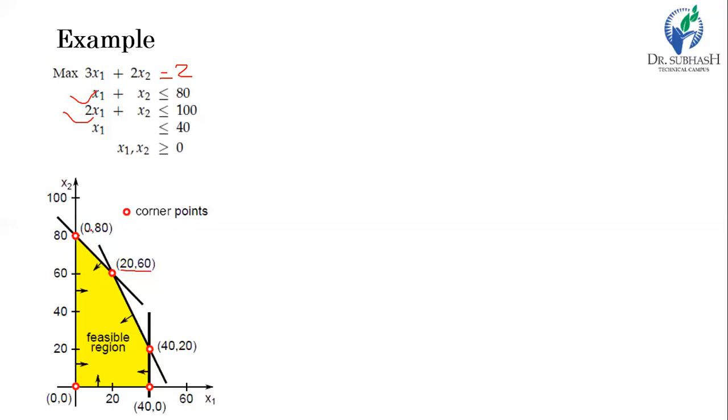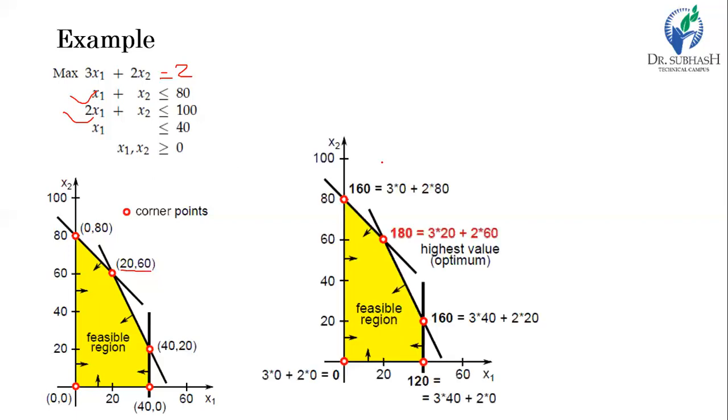If you put x1 equal to 0 and x2 equal to 80, then this term will be 0 and the value of x2 is 80, so you will get z equal to 160. In this way, by putting x1 equal to 20 and x2 equal to 60, we get 180. Then calculate the value of z at each and every point.